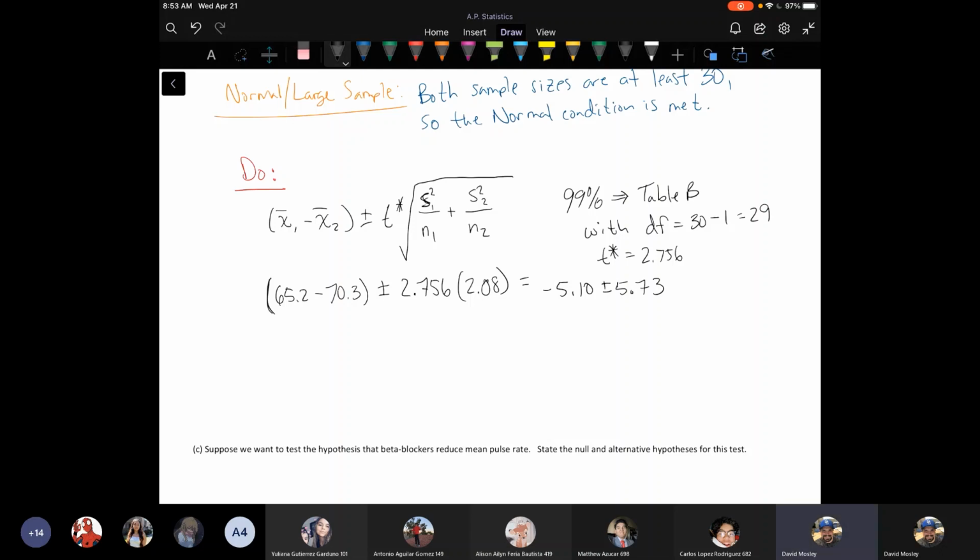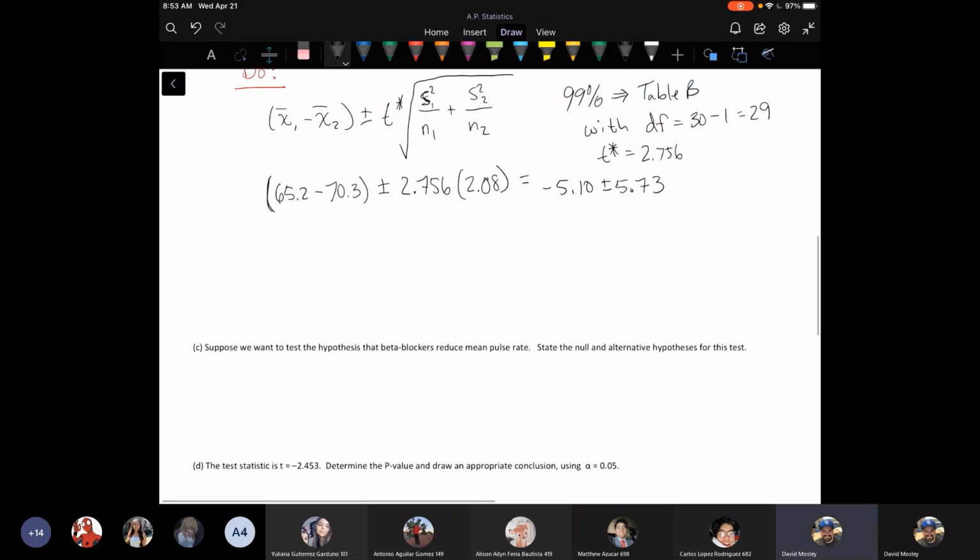It's okay for that first number to be negative. Right? As it's a negative number, it's telling us essentially that the people in that treatment group with the beta blockers had a lower heart rate. That's what the negative number is implying. And then this results in an interval that goes from negative 10.64 to 0.44.